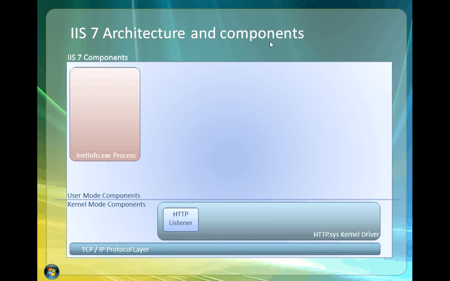On the user mode components, we can find the inetinfo.exe process, which is a remnant of the IIS 6 server. Inside this process, if you set up the components, you will find the SMTP service and the FTP service, which is the FTP6 from the server dating from Windows 2003. We used to find the NNTP service in IIS 6, which has now been removed.